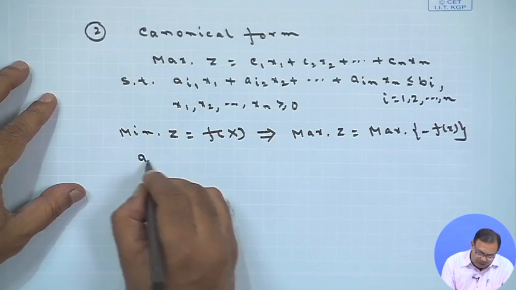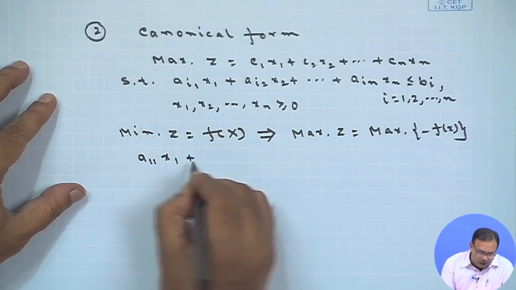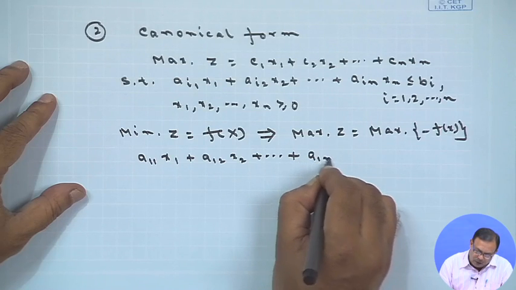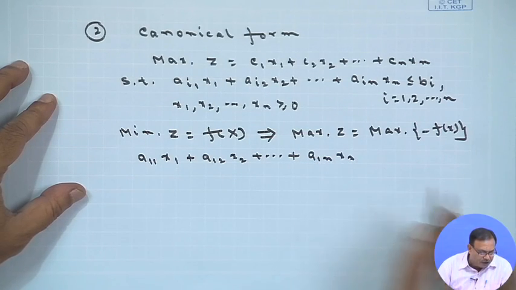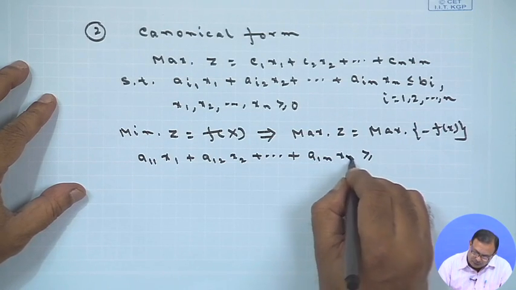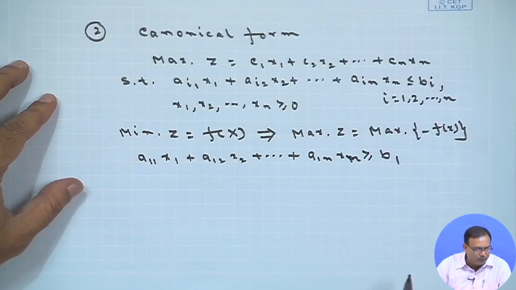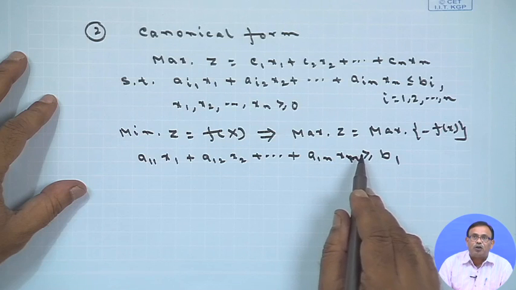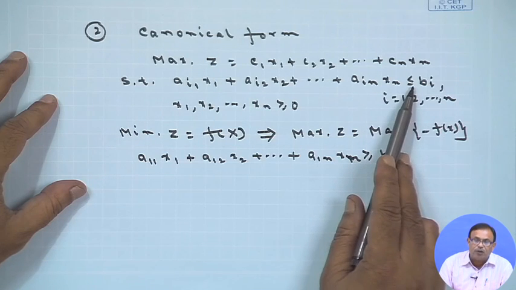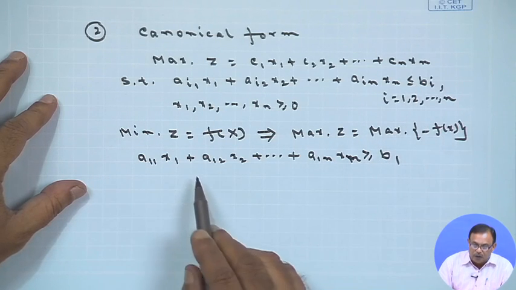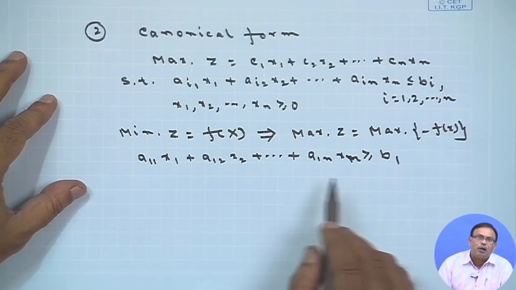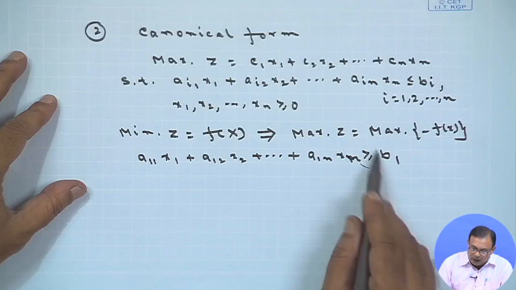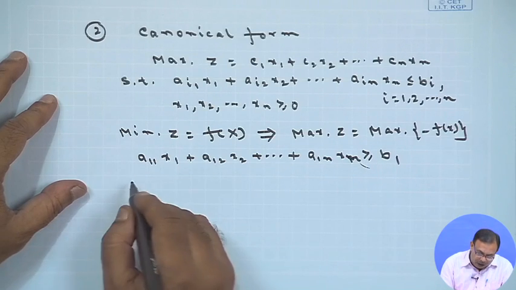Now, I may have a constraint like a11 x1 plus a12 x2 plus and so on plus a1n xn greater than equals, say, b1. In this case it is greater than equals, but I have to change it into less than equals. As we know from normal algebra, if I multiply both sides by a negative sign, the greater than equals will be converted into less than equals.